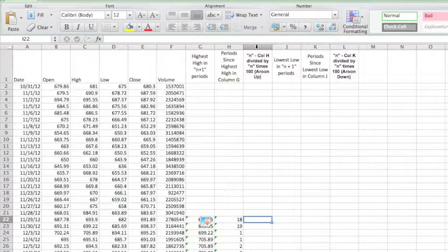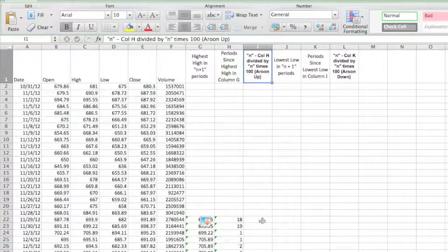And then for column I, it's just n minus column H, divided by n, times 100. Whatever value we get here is going to be our Aroon up.